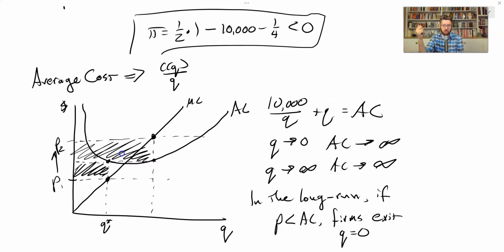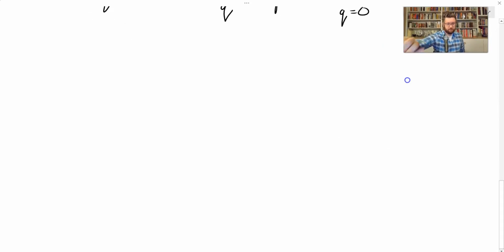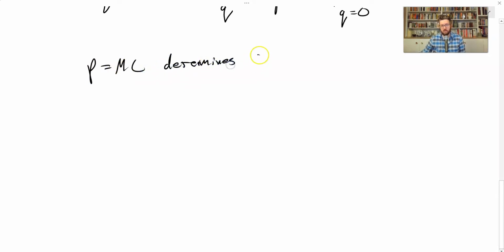Okay, so it's very important to recognize this, let me just summarize it here. Price equals marginal cost determines the short run supply, because it's how you maximize profit. But in the long run, if the best profit you can make is negative, then you're going to exit the business.